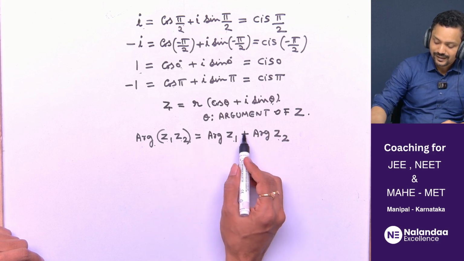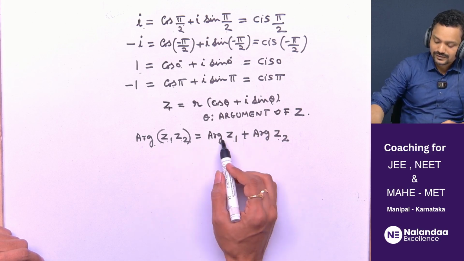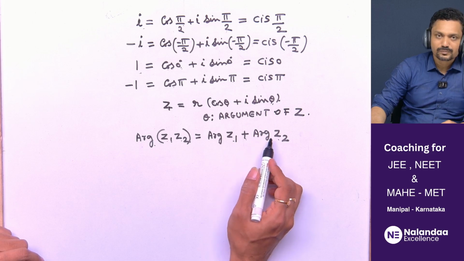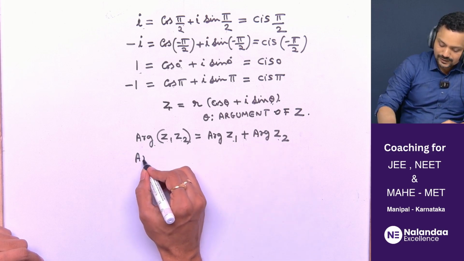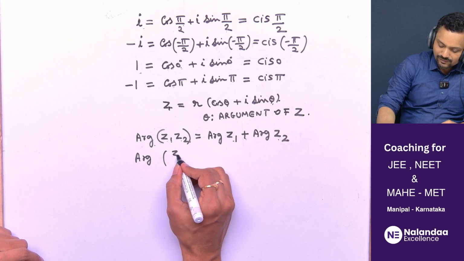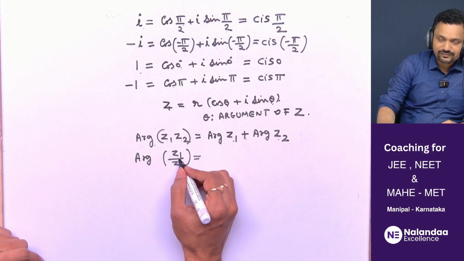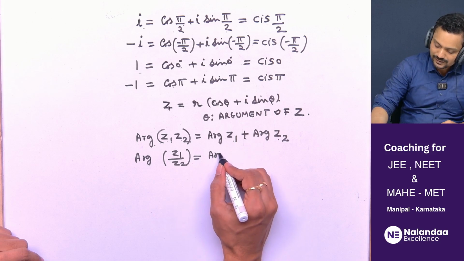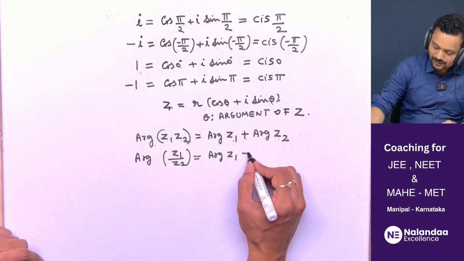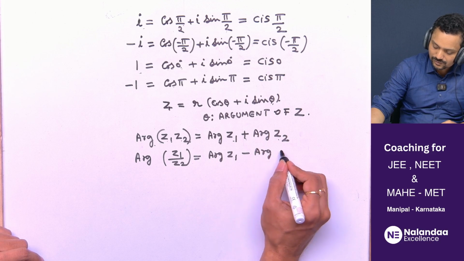Argument becomes addition. Similarly, argument of z1 by z2, the division of two complex numbers, is argument of z1 minus argument of z2.